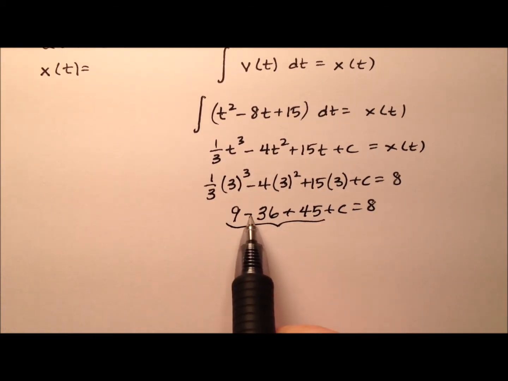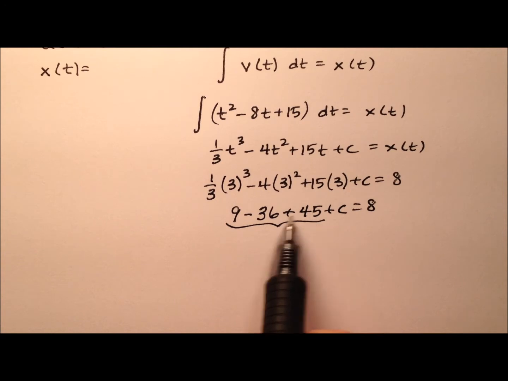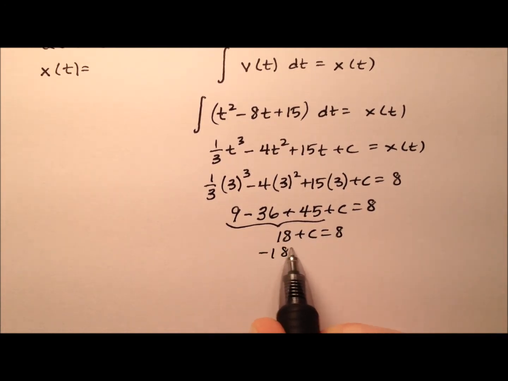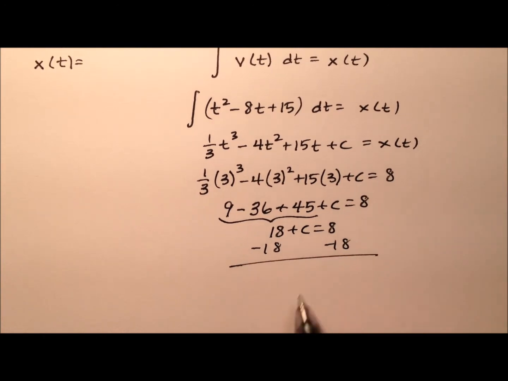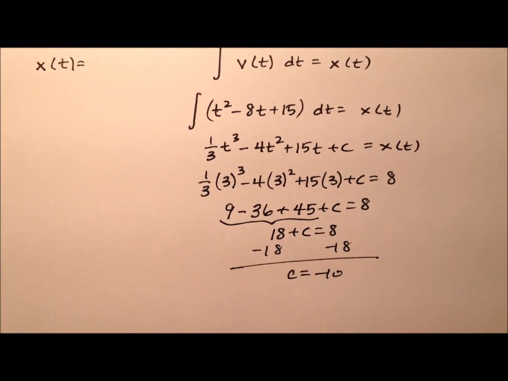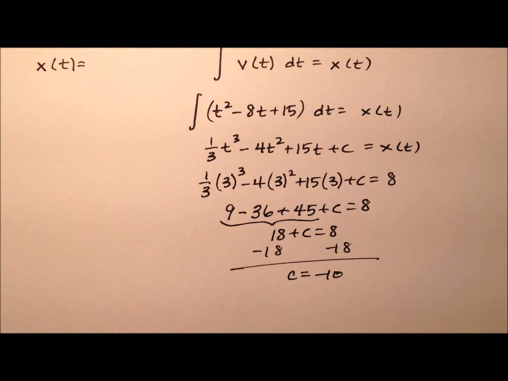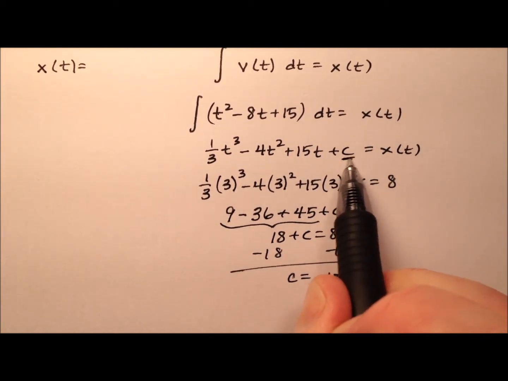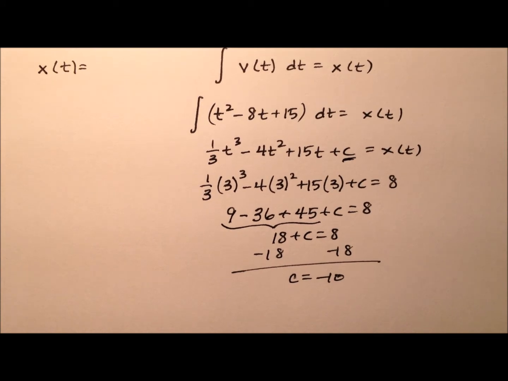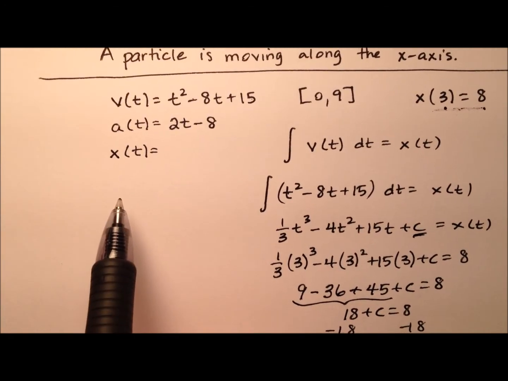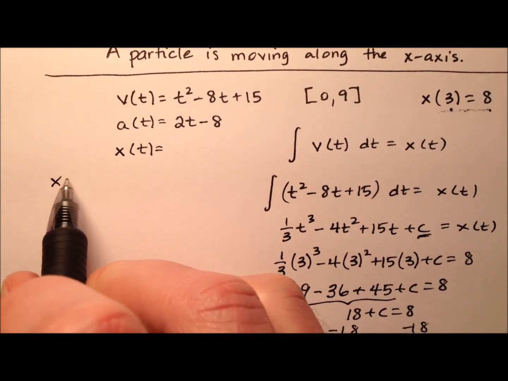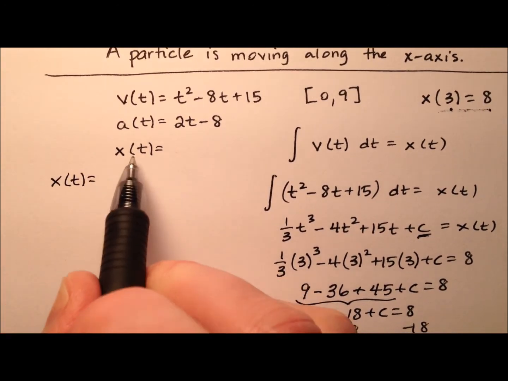Well, let's see. Negative 36 plus 45 is 9. 9 and 9 is 18, plus c equals 8. Let's subtract 18 from both sides, and we see that our constant here is going to be negative 10. Okay, so this c value is negative 10, so let's write now our final position function, which I don't think will fit in this spot, so let me rewrite and move it over just a little bit.